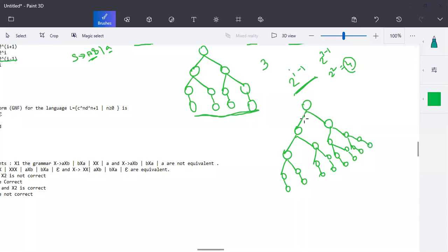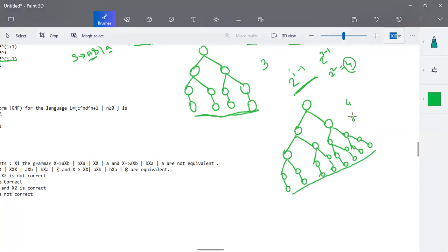Here the length of the tree is 4: 1, 2, 3, 4. And the maximum number of leaf nodes possible is 1, 2, 3, 4, 5, 6, 7, 8. This is also 2 power 4 minus 1, that is 2 power 3, and 2 power 3 is 8. This is the maximum number of leaf nodes possible.